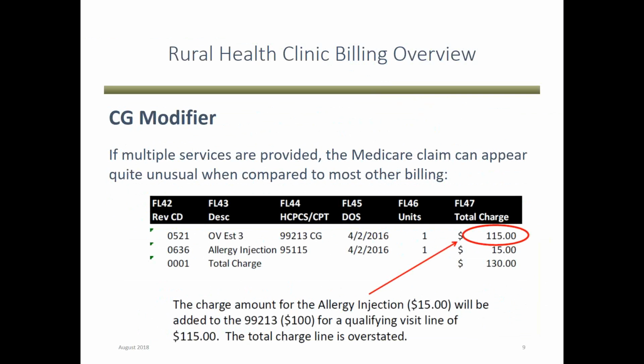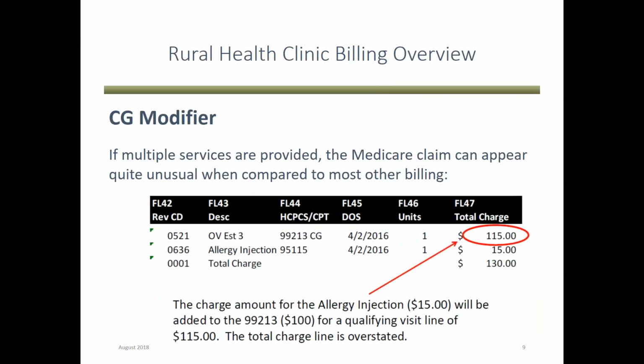The unique or unusual approach to rural health clinic billing for Medicare purposes requires that the incidental service, such as the allergy injection in this instance, must be combined with the billable encounter charge and represented on the CG line for payment.